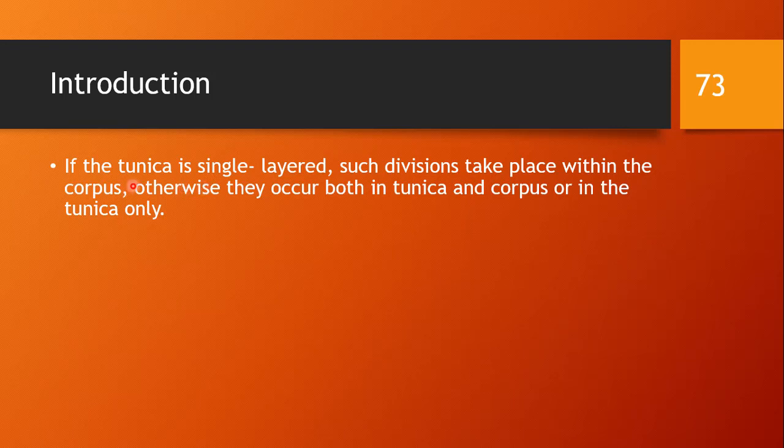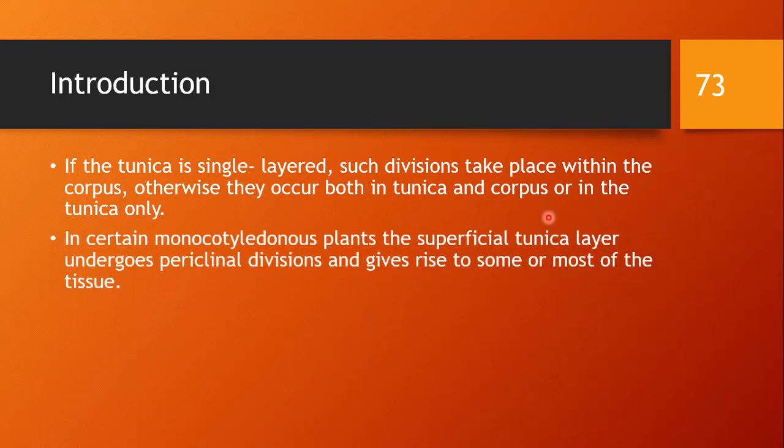If the tunica is single layered, the division marking leaf initiation takes place in the corpus. Otherwise it may occur in both tunica and corpus, or in the tunica only if the tunica is more than one layered. So it may initiate in the corpus region, in both tunica and corpus, or only in the tunica region.